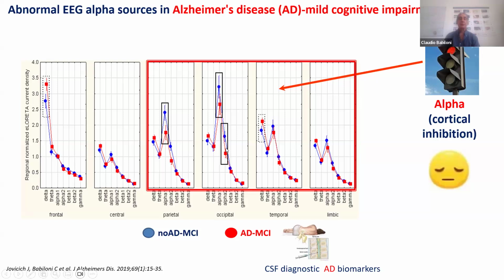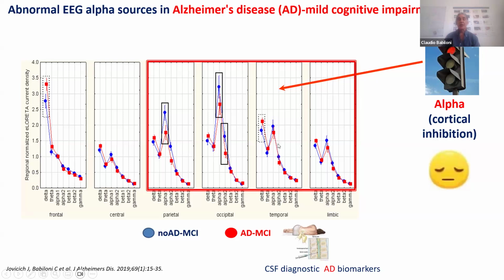And so we show that the group of Alzheimer's disease mild cognitive impairment in the red show lower alpha source activity when compared to non-Alzheimer's disease patients with mild cognitive impairment.